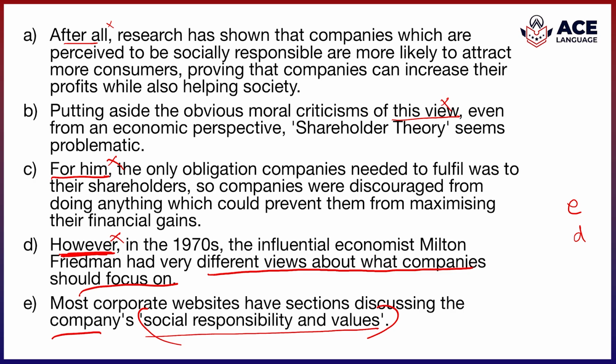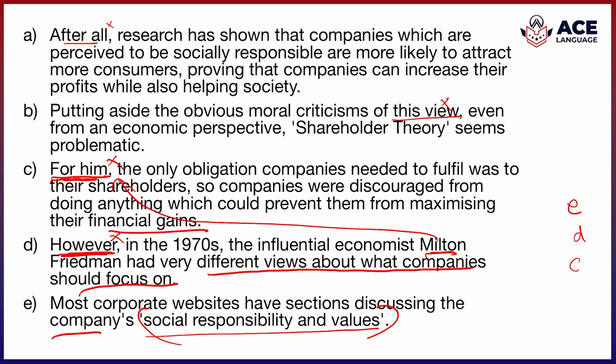What should they focus on then? And our clue here is for him, because we have Milton Friedman here. The only obligation companies needed to fulfill was to their shareholders. Okay, he had a different view, and that is all the responsibilities is to the shareholders. So companies were discouraged from doing anything which could prevent them from maximizing their financial gains. Only thing they do is financial gain.